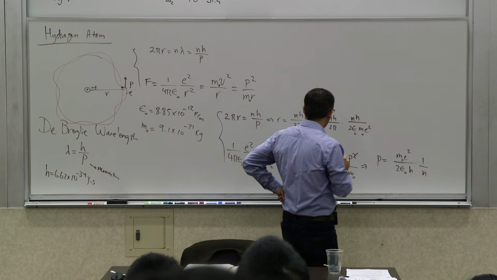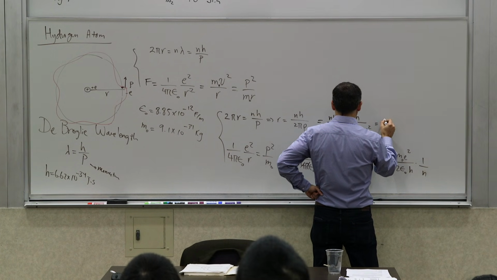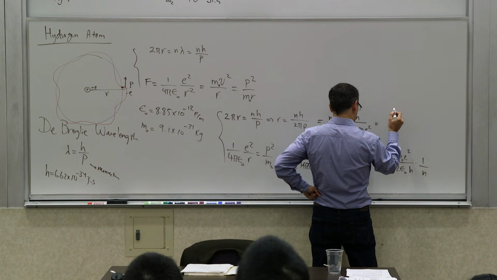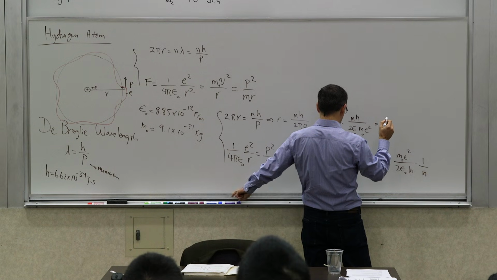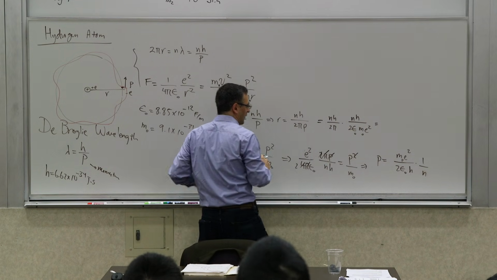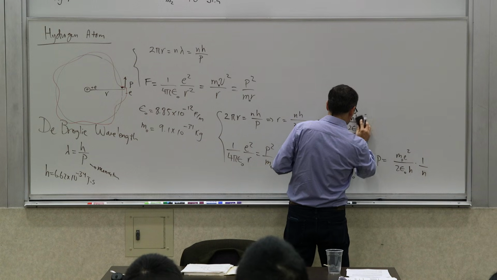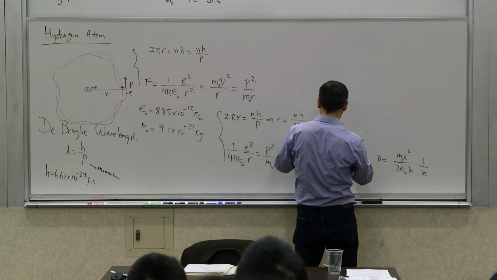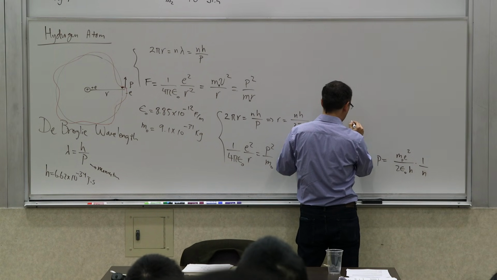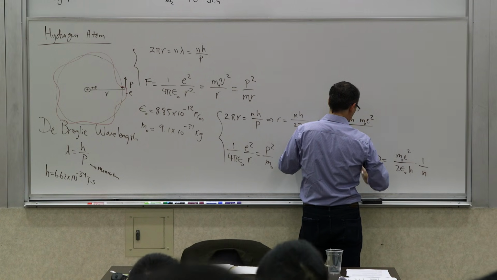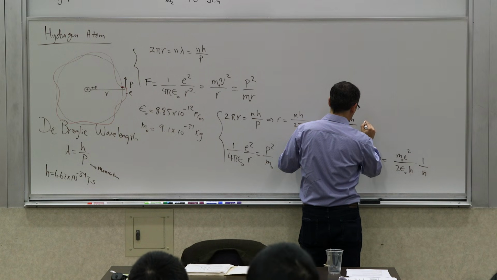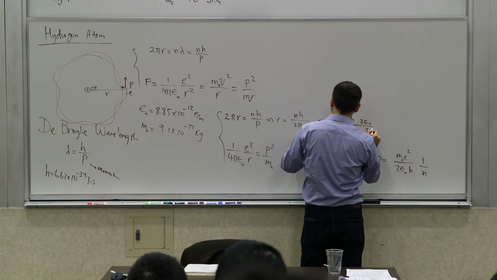If I haven't made a mistake, then basically it becomes, I think I may have made a mistake. So this is 1 over p. So it's 1 over that. So it's nh m0 e squared. So 2 epsilon naught divided by m0 e squared.